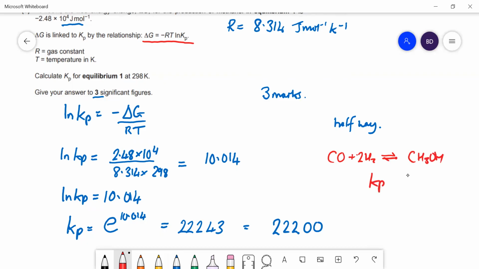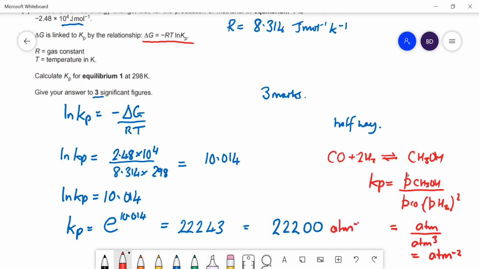So Kp is going to be equal to the partial pressure of methanol in atmospheres divided by the partial pressure of CO in atmospheres multiplied by the partial pressure of H2 squared. Okay, so we've got atmospheres on the top, and atmospheres to the power of 1 multiplied by atmospheres to the power of 2, so atmospheres to the power of 3 on the bottom. So that gives us units of atmospheres to the minus 2.